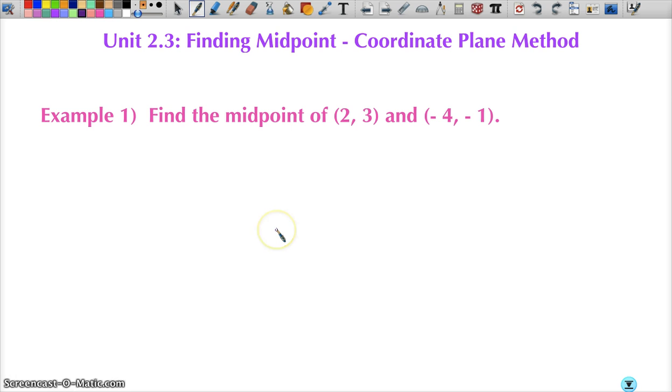Now we have midpoint but on a coordinate plane, so a little bit different. The only difference is that we have to do the same thing we did in the last problem. We just have to do it twice. So what is the average for the x's? And then what is the average for your y's?